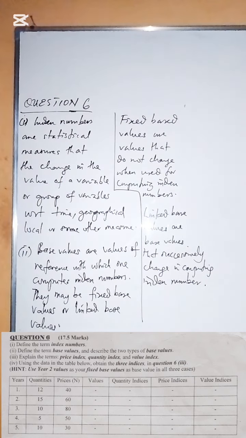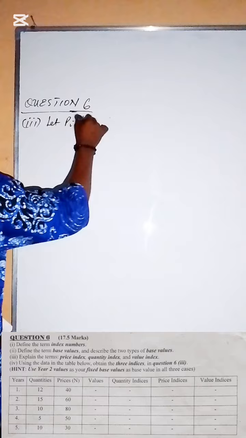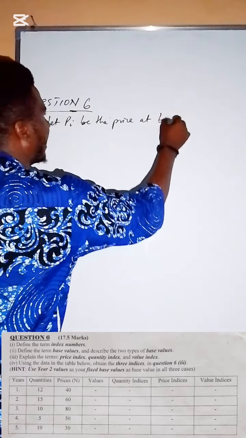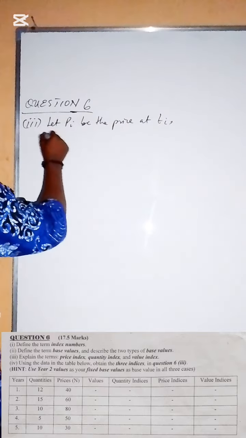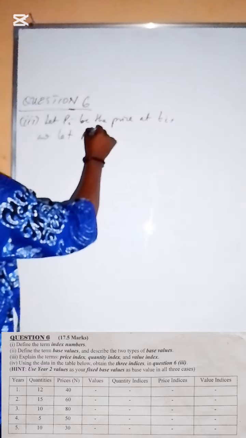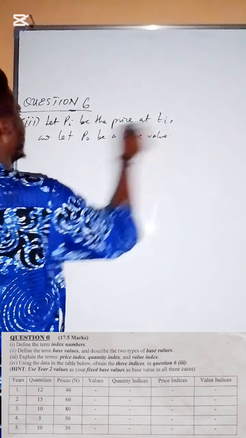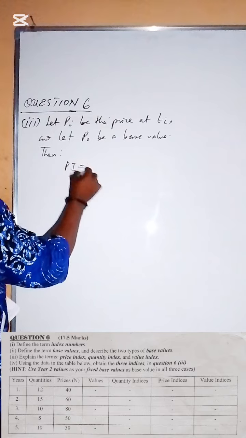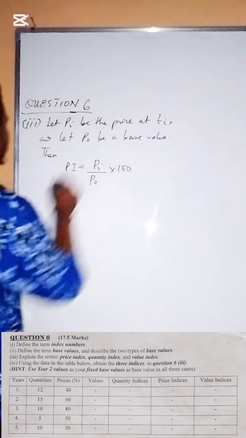Let's go to the next question. Now let's go to III. So let's define price index. Let PI be the price at TI and let P0 be a base value. Then the price index PI will be defined as PI over P0 times 100.